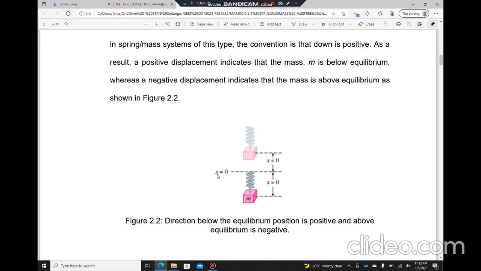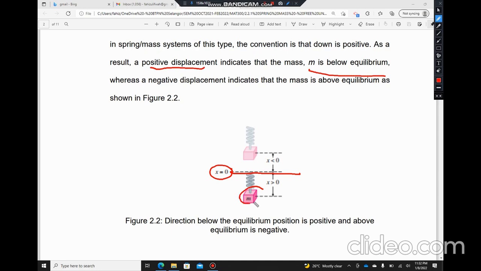Okay, so kat sini first kita tengok pada equilibrium position. Equilibrium position dekat sini, which is x equals 0. So yang ni dia berada pada keseimbangan. Okay, so kat sini dia kata M is below equilibrium, it is a positive displacement. So kalau M ni kita letakkan di bawah x equals 0 ataupun di bawah equilibrium, so gerakan dia adalah positif ataupun displacement dia adalah positif.